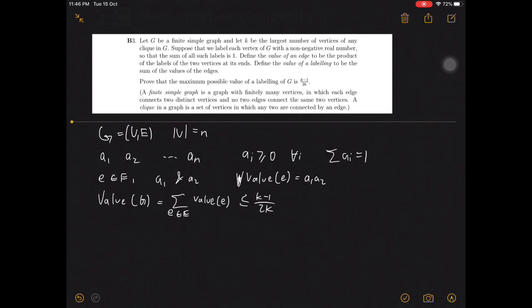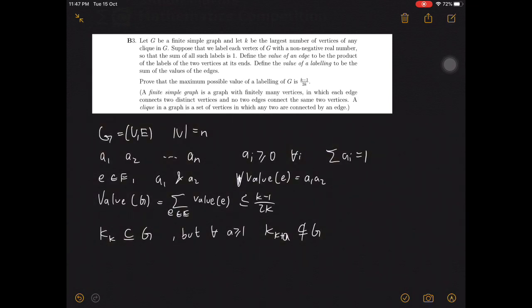So this means that K_k is a subgraph of G, but for all a greater than or equal to 1, where a is an integer, we have that the complete graph K_(k+a) is not a subgraph of G.